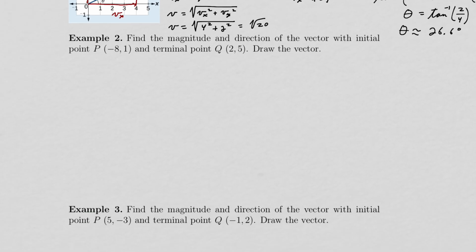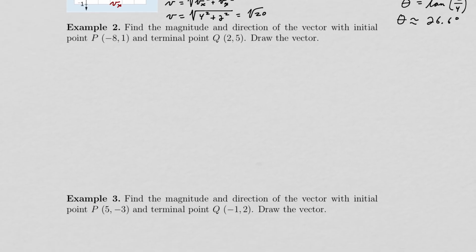Find the magnitude and direction of the vector with initial point -8, 1 and terminal point 2, 5. All right, so let's draw this out. -8, 1 is here.